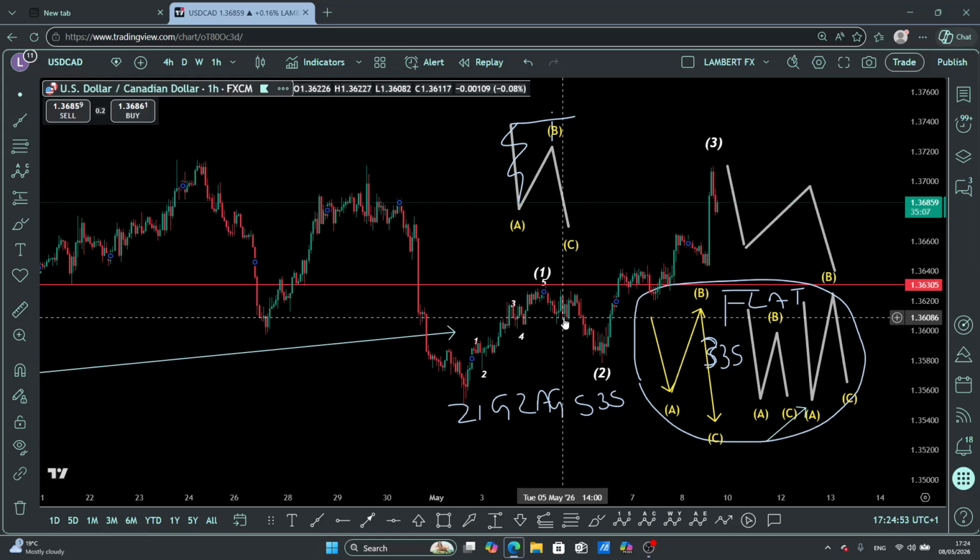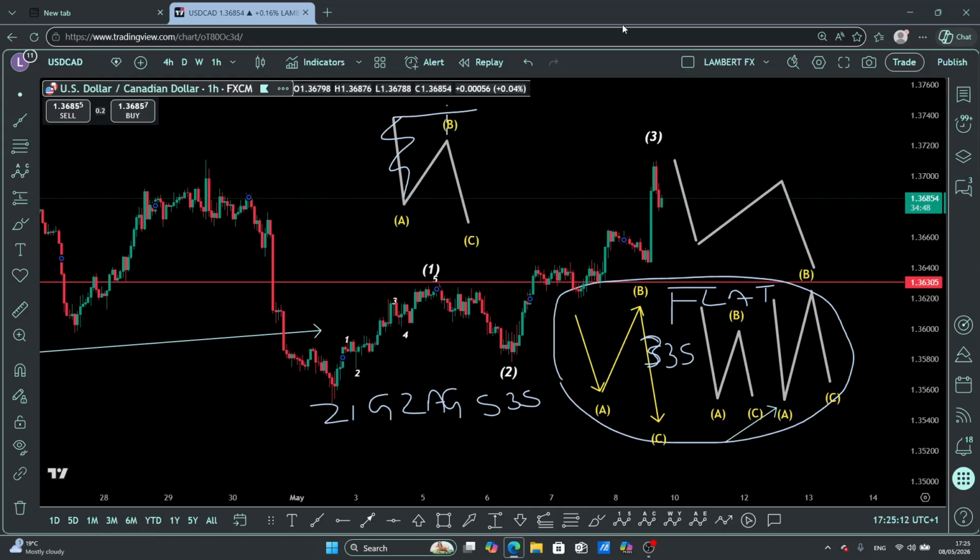For example, we can have a zigzag and a flat together, and you can find this a lot in your leg 4. That's why I said 4 is a different corrective pattern, because we tend to see double corrections in leg 4. I hope this makes sense so far.